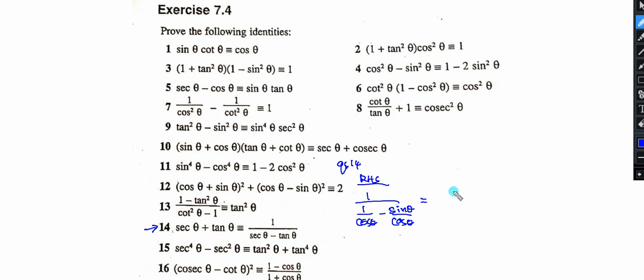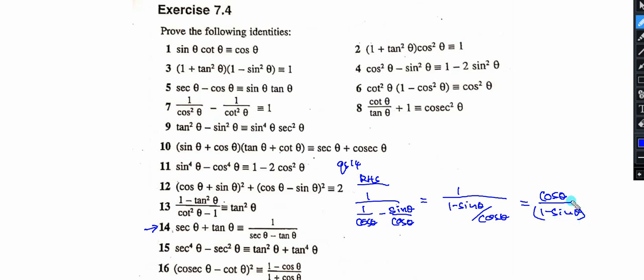Okay, next, let's combine the two terms which are the denominator, so it's 1 minus sine theta over cosine theta. Flip it over, it becomes cosine theta over 1 minus sine theta.